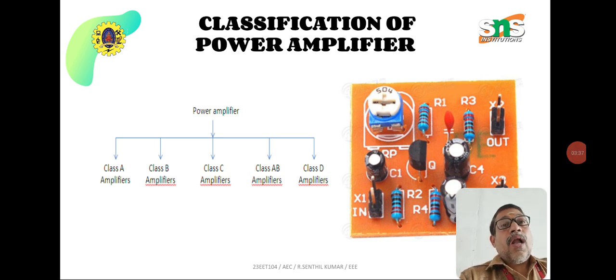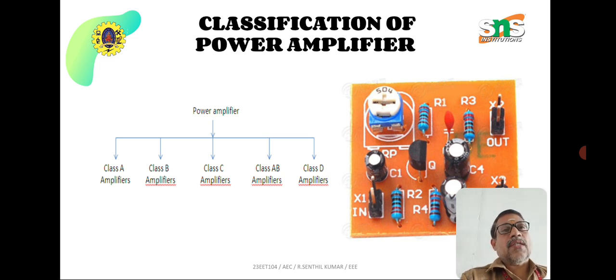The large signal amplifier is also called a power amplifier. It is broadly classified into five: class A, class B, class C, class AB, and class D power amplifier.